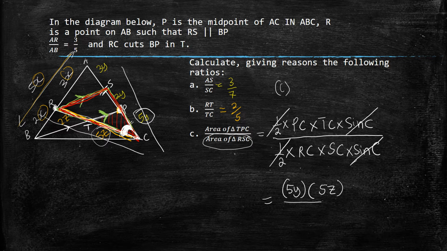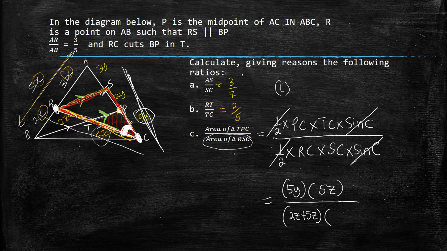Okay, so what is our RC? Look at RC now. RC is this one, from this point to this point. It's 2z plus 5z. So RC is 2z plus 5z, multiplied by SC. What is our SC? Our SC is this one.